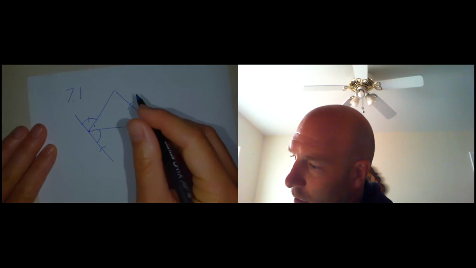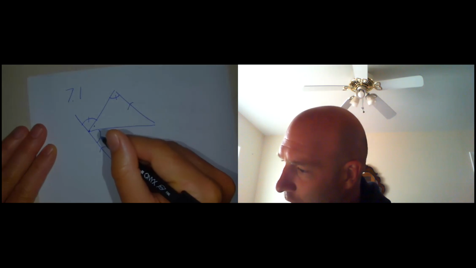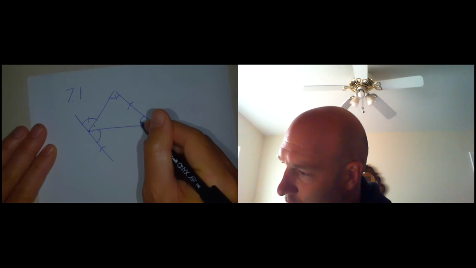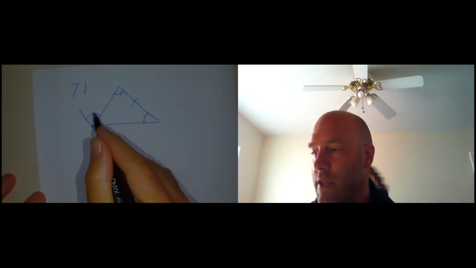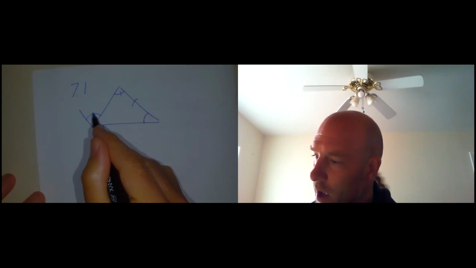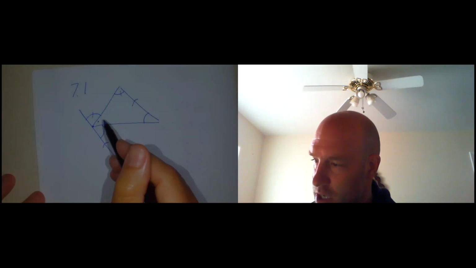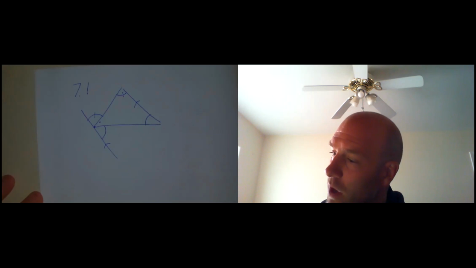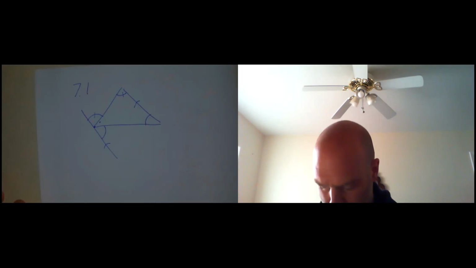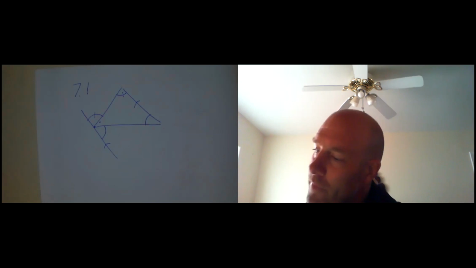Due to the parallel lines, that one is congruent to this one, and this one is congruent to that one. So looking at the line, we see that a notch, dot, and hoop add up to 180. So a notch, dot, and hoop, hard to say, must also add up to 180. And we've just proved that the sum of the angles in any triangle adds up to 180 degrees.